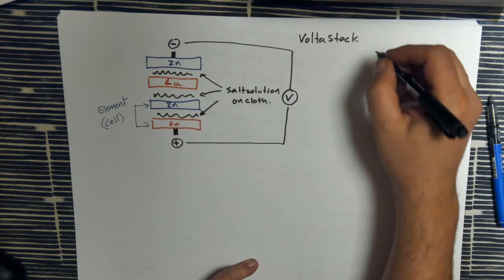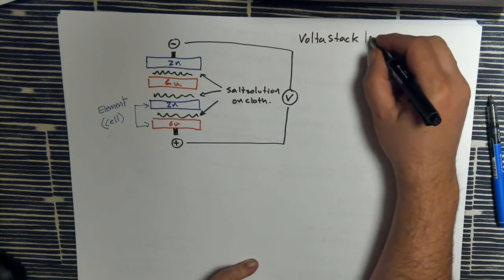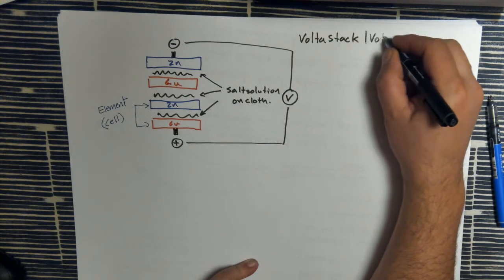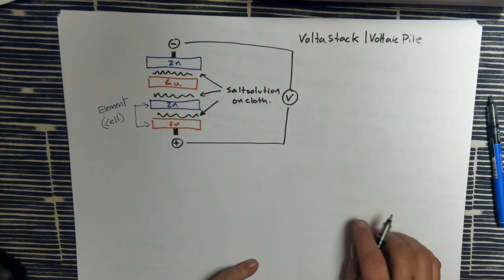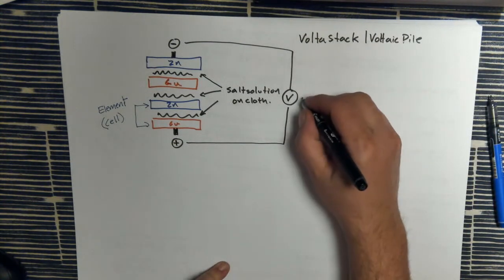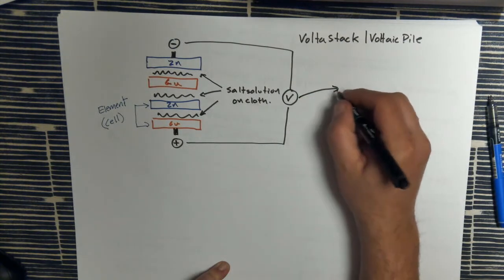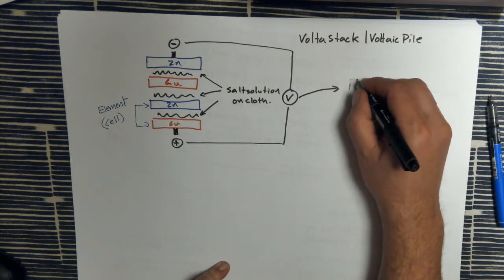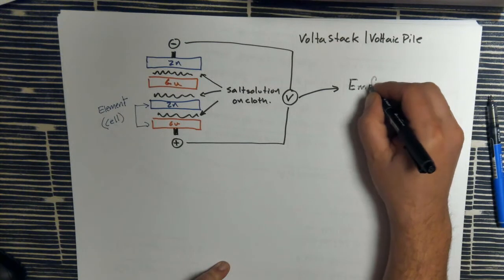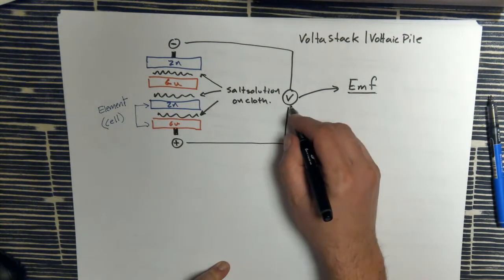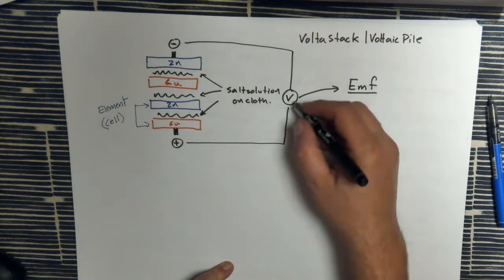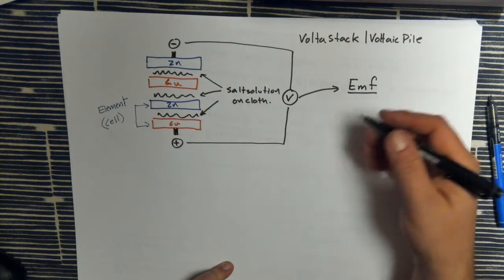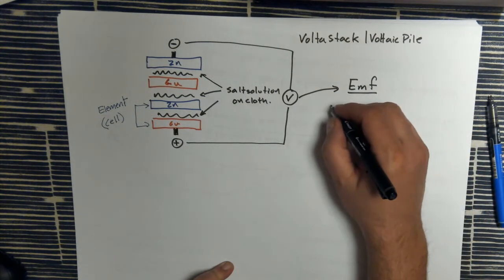It's also sometimes called a voltaic pile or a volta pile, because they're piled on top of each other. This voltage then is what we consider the EMF. So this potential is usually considered then, the voltage is a measurement of the electromotive force.